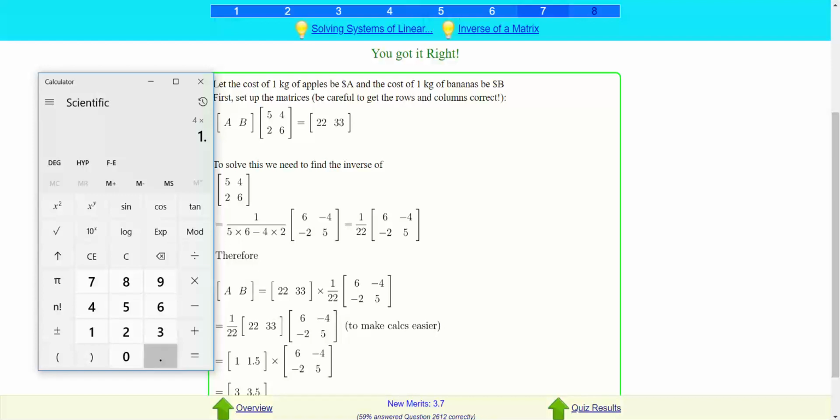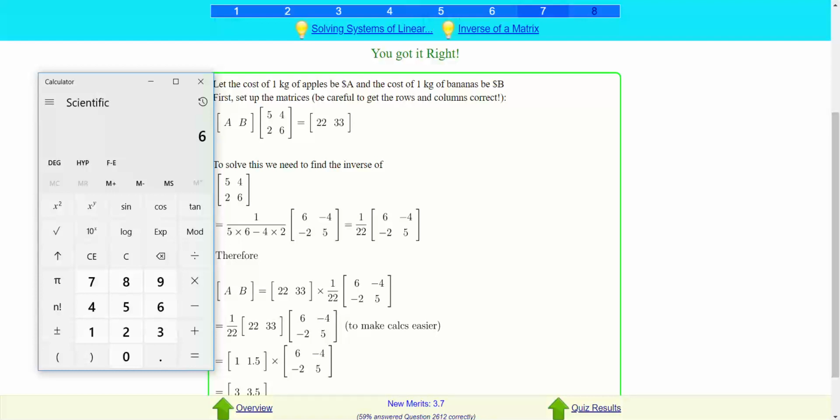So 4 multiplied by 1.5 is like 6. So 6 minus 6. What is going on? It's 0.